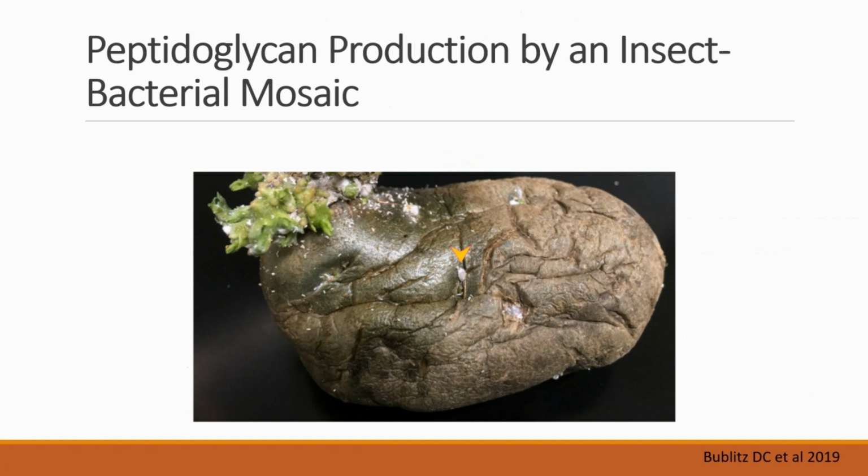And what's so fascinating about this relationship is that endosymbiont, that little bacterium that lives inside of the mealybugs, well, it lost the ability to make its peptidoglycan. And eventually, nature decided that it was best if it could still make its own peptidoglycan for whatever reason.